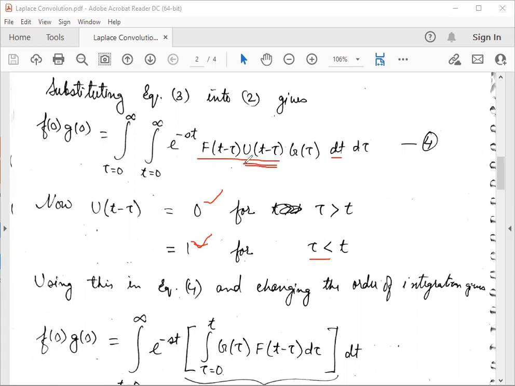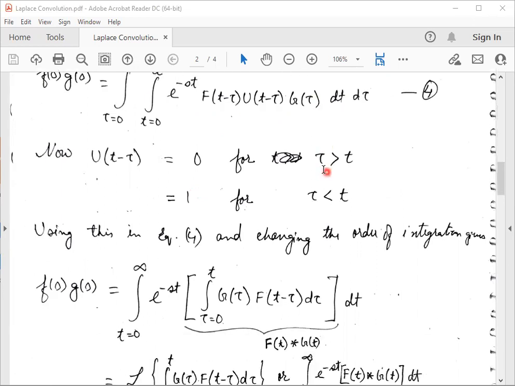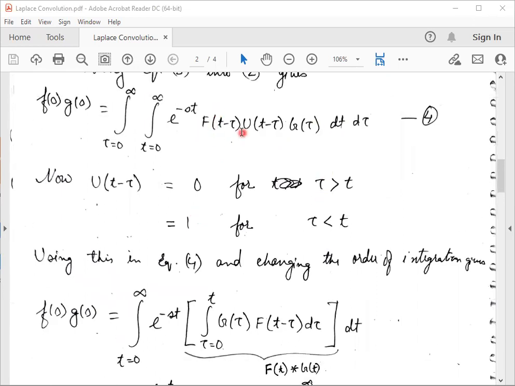So in this integral, look at the tau integral, tau, g of tau, tau from 0 to infinity. For tau greater than t, it should be 0.